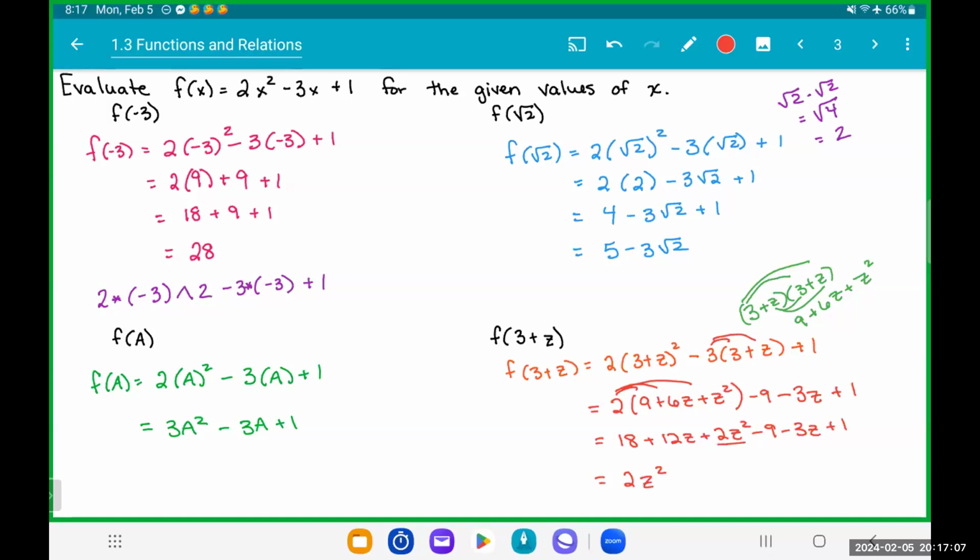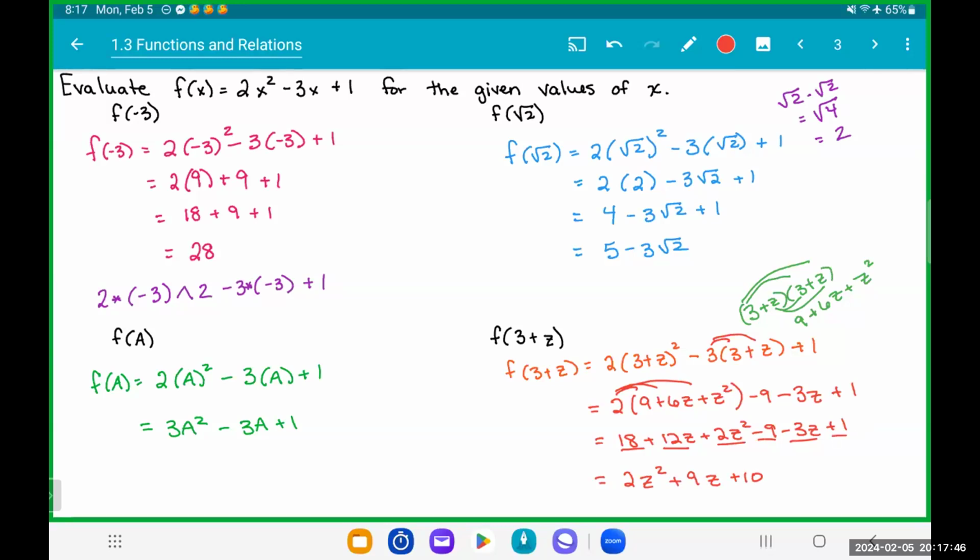That takes care of this one. Now we have the z's. We have 12 minus 3, so that's going to give me 9, so plus 9z. And then our constants, we have 18 minus 9 is 9, plus 1 is 10. Okay, so when we evaluate that function at x equal to 3 plus z, we get 2z squared plus 9z plus 10.